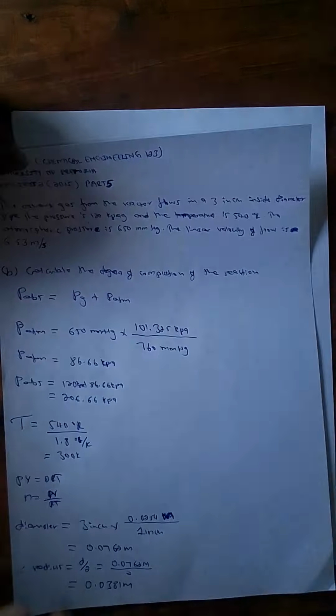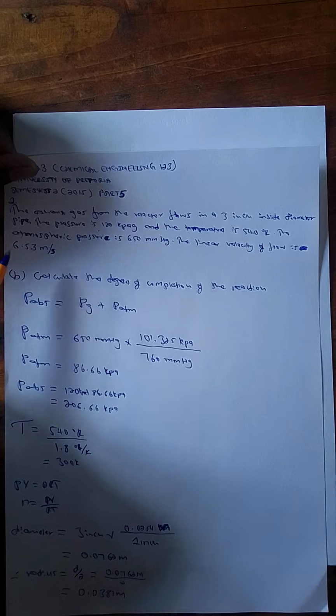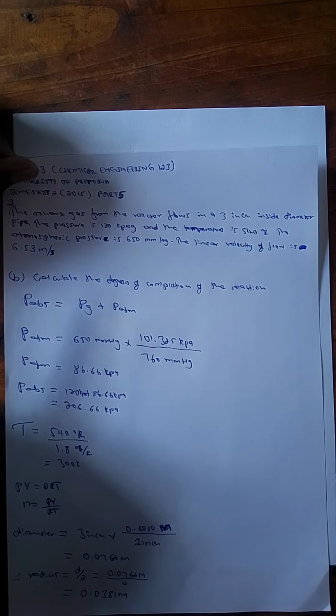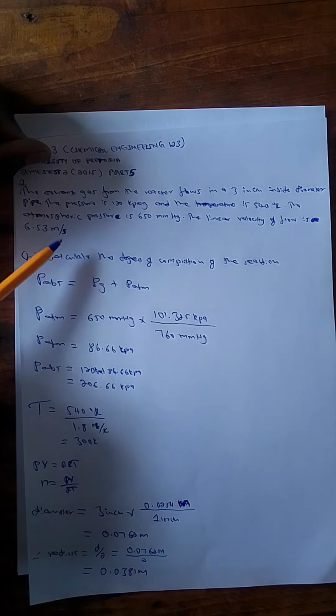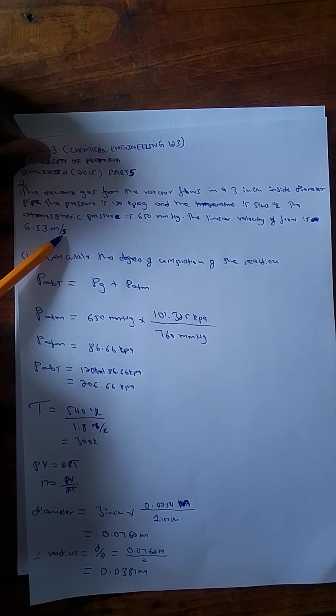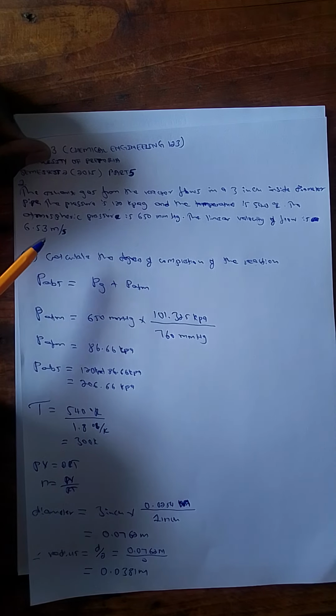However, the volume is easy to calculate, I just need to explain something about it. We're going to be using the velocity of flow here of 6.53 meters per second. So we are told that for every second, the velocity of the flue gas, or rather the exhaust gas, is 6.53 meters.